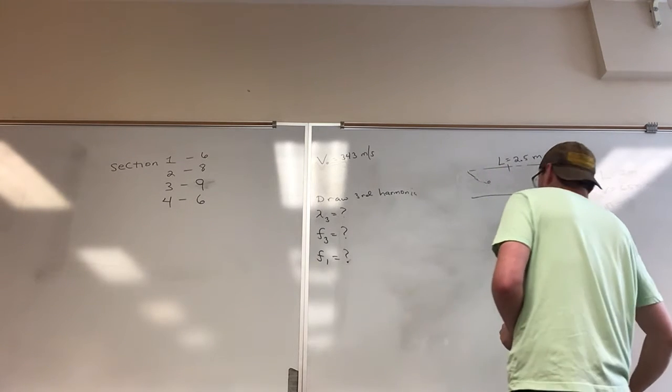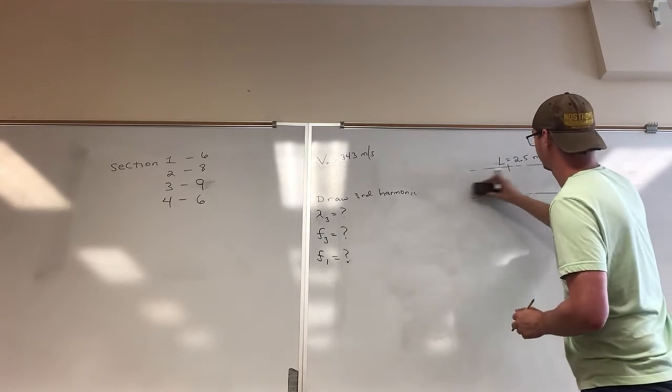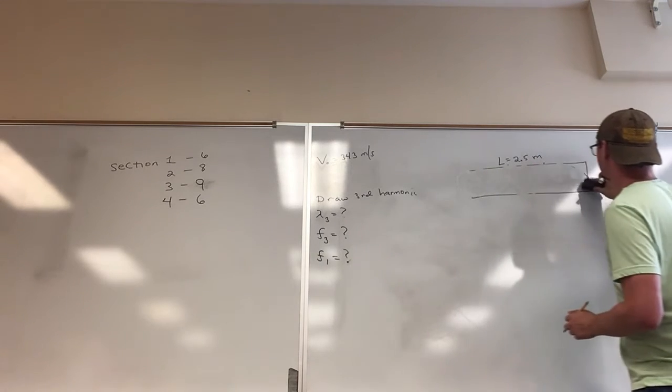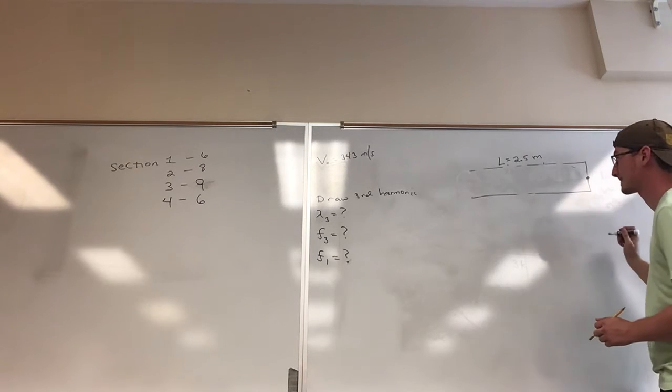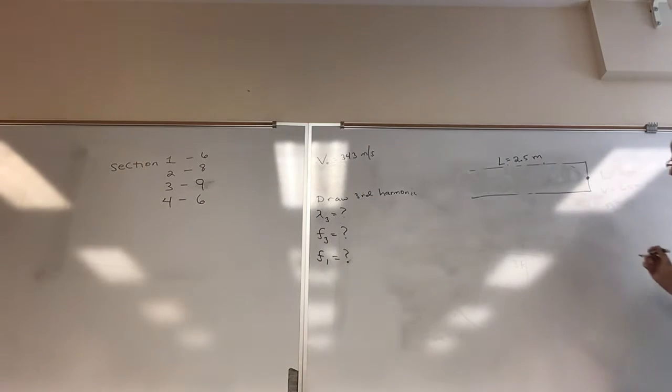So like the fundamental, there's a node at the right end, because there's always a node at the closed end. We're looking at vibration of molecules, they can't vibrate at the closed end. So we have a node there, and let's start with the fundamental frequency.